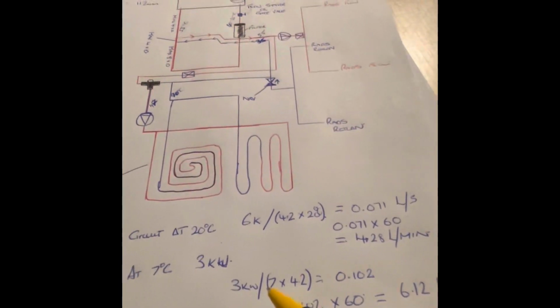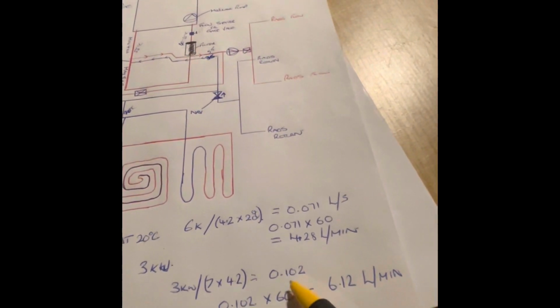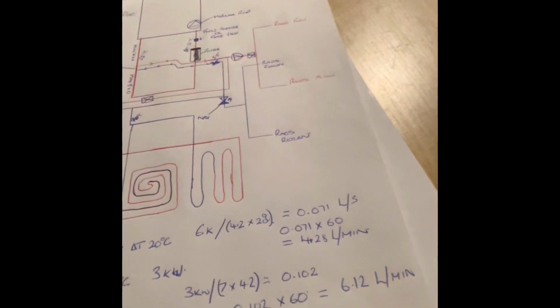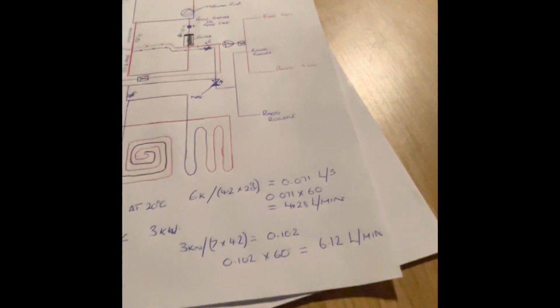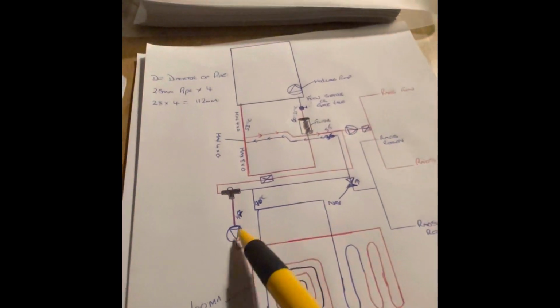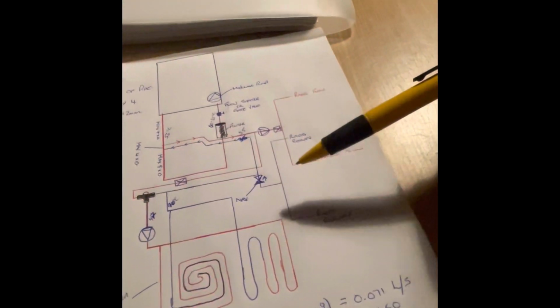So we're going to use 7 times 4.2 first, then 3 divided by that sum gives us 0.102 litres per second, times by 60 is litres per minute. So you can see straight away we've got 2 different flow rates there, different pressure losses across it. So if we set it up like this, we can balance each system and circuit accordingly.